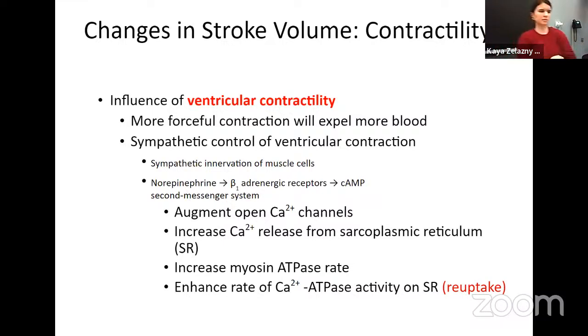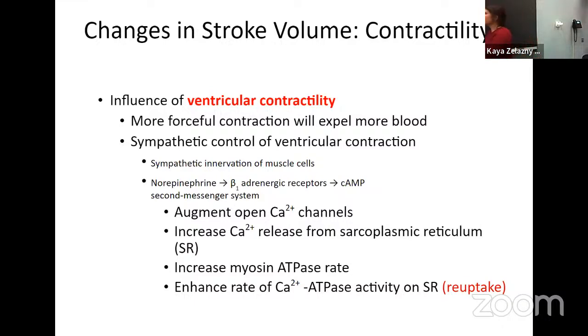Okay, so sympathetic nerves are innervating these muscle cells. They're going to give off some norepinephrine, right? Just like they did when we were thinking about that sinoatrial node. And just like with the sinoatrial node, these muscle cells are going to have beta-1 adrenergic receptors. And those beta-1 adrenergic receptors, when they bind norepinephrine, are going to upregulate, so increase that cyclic AMP second messenger system.